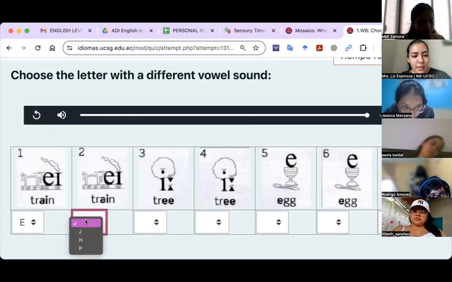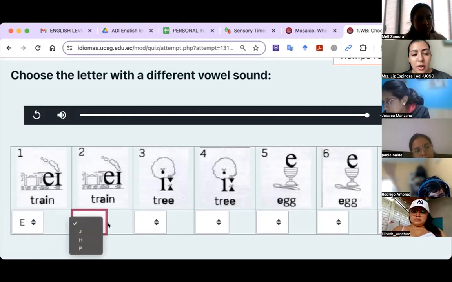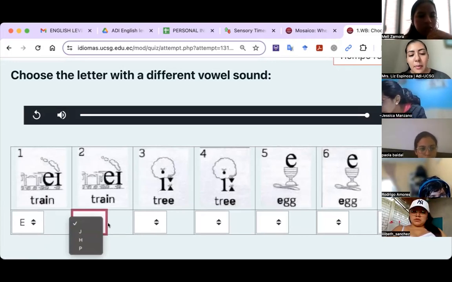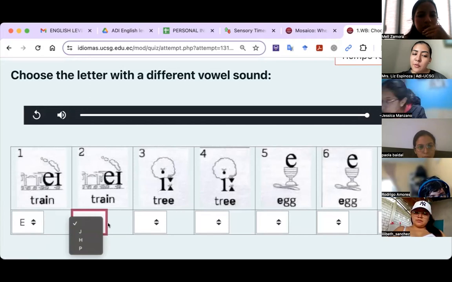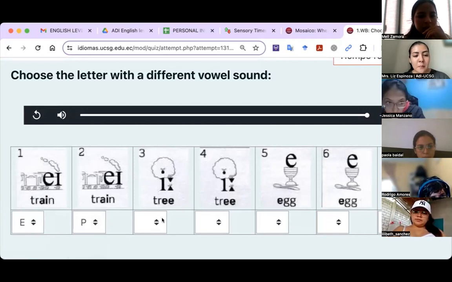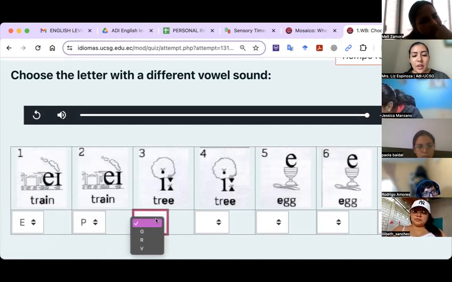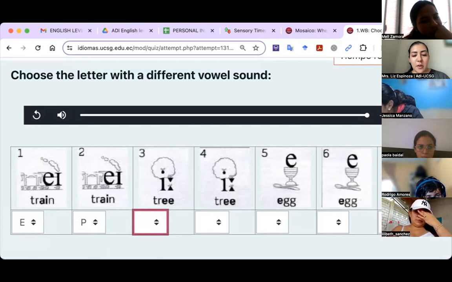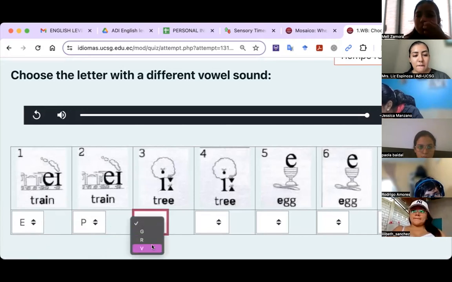Right? Then the second one, they repeat the word train, but now they are comparing it with letter J, H, or P. P. P, excellent. We have tree. And then the options are G, V, or R. R. R, okay, very good.